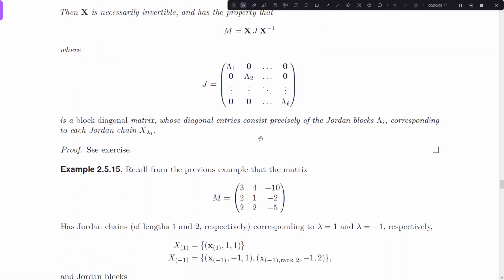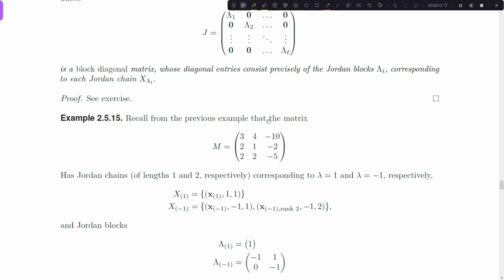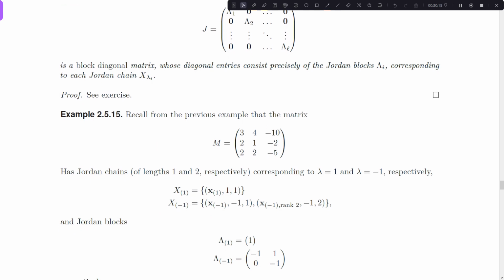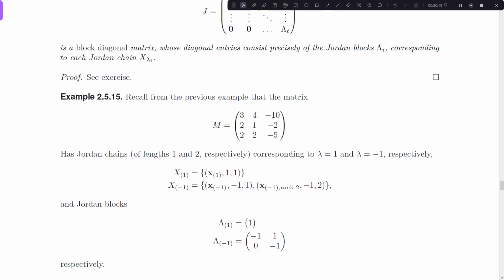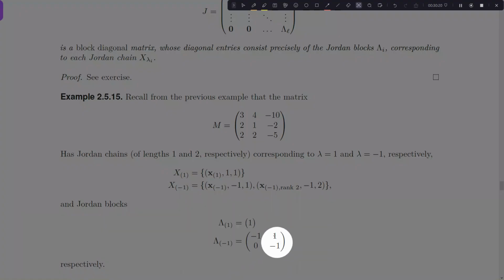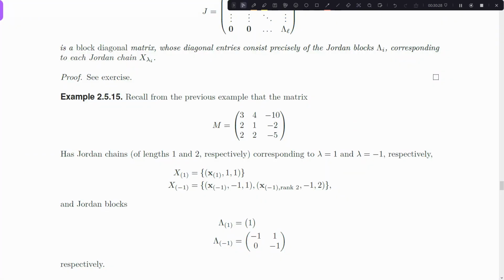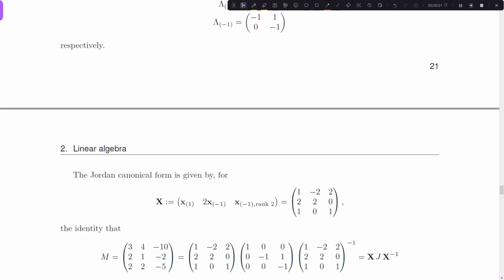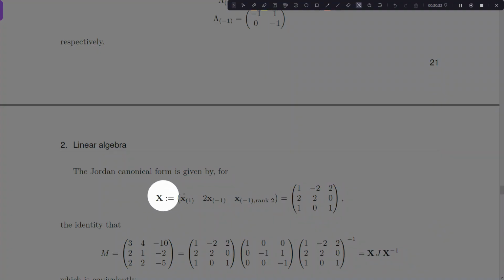All right, so now let's finish this off. So if we recall from the previous example, in our examples here, we have the Jordan blocks corresponding to this matrix, and we also have our Jordan chains with their specific generalized eigenvectors. I can construct capital X from the collection of Jordan chains, right? This was the first Jordan chain, and then these two formed the second Jordan chain.